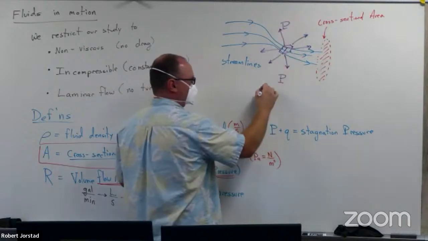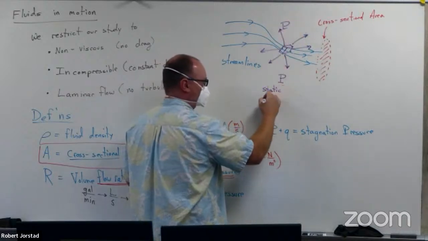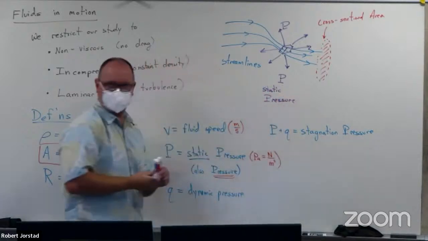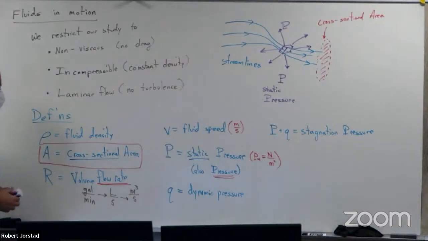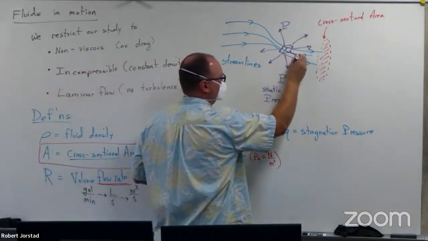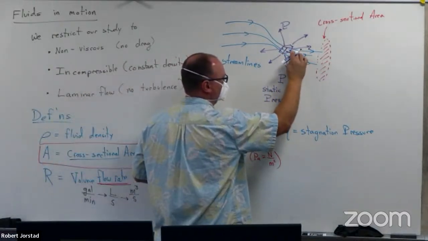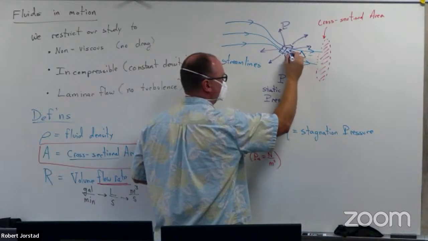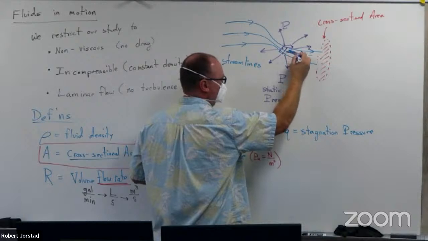So I'll call that the static pressure. That's the pressure in this case that is perpendicular to the fluid flow. The dynamic pressure, Q, is in the direction of the fluid flow.